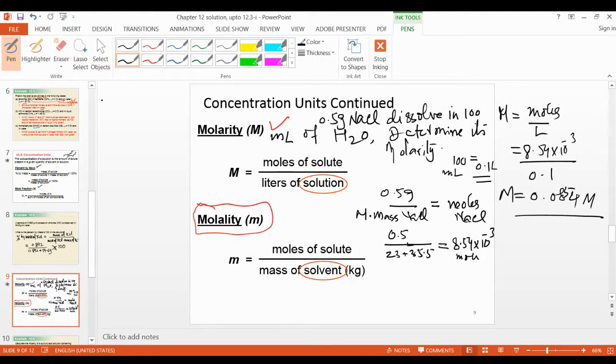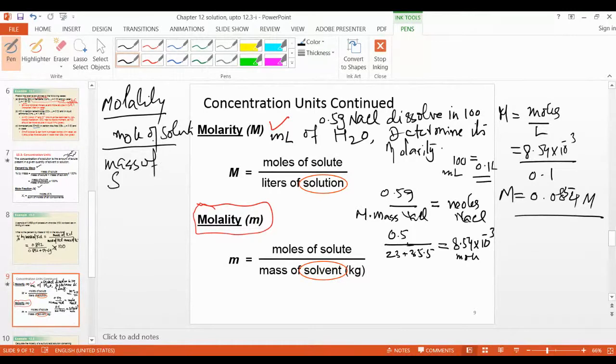Okay, now we come to molality. Molality is only the moles of the solute divided by the mass of the solvent.